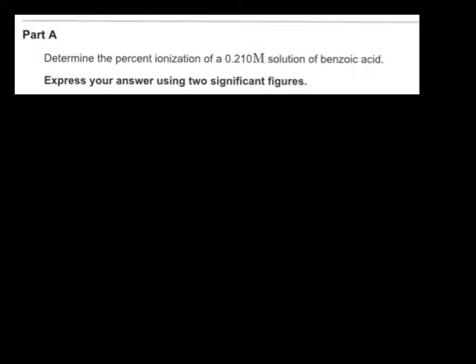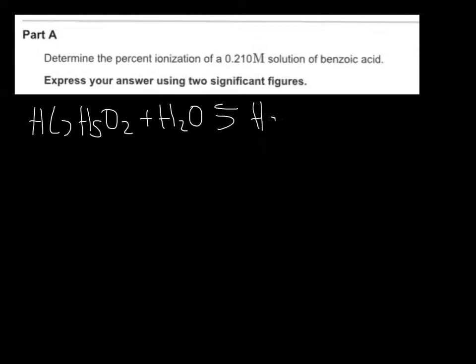So I did that and I found that it is HC7H5O2 plus H2O equals H3O plus plus C7H5O2 minus. Remember how I found that? They say that this is the acid, so this is the base. So this has to be accepting, this has to be donating, which it does, as we see here.